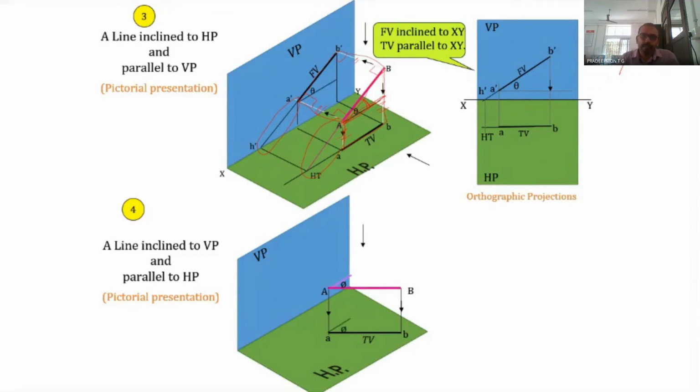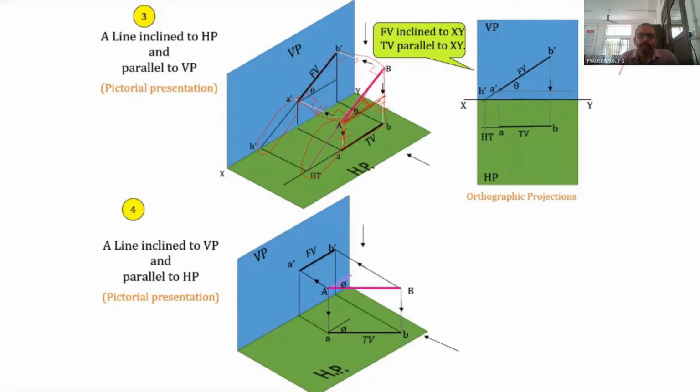So when the line makes an angle of phi with the VP and is parallel to HP, the top view makes an angle of phi with the XY line. To get the front view, we look from the front and obtain the points A dash and B dash on the VP, and this is the front view.